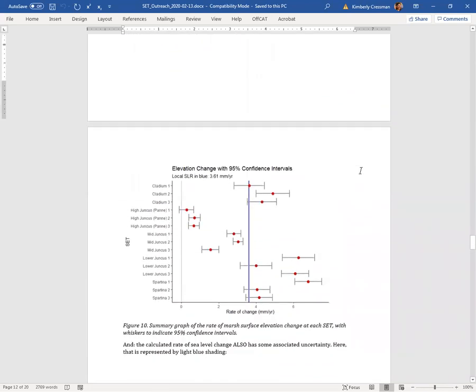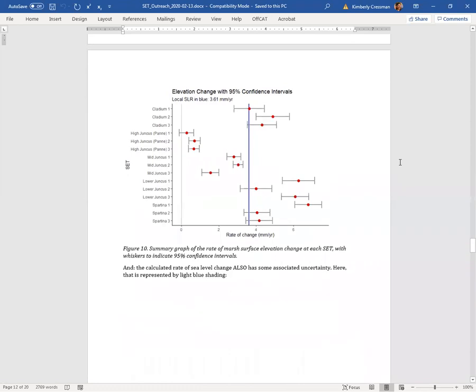So then we can add a layer onto this graph. Because we've talked about we have 36 measurements per date, no one estimate of a rate is going to be perfect. So we add these whiskers in to represent uncertainty. For the technical minded among you, these are 95% confidence intervals.